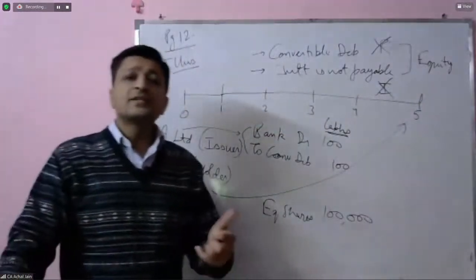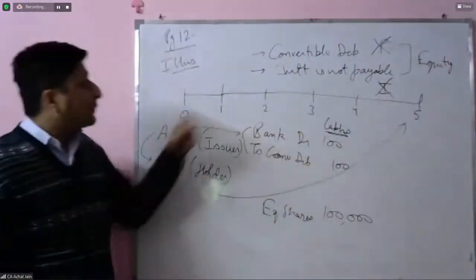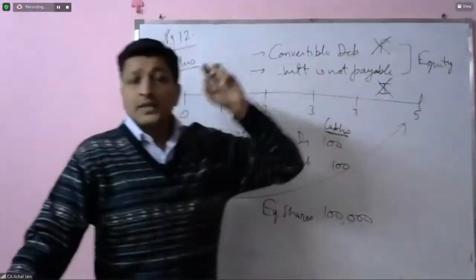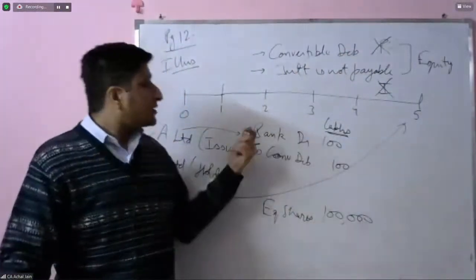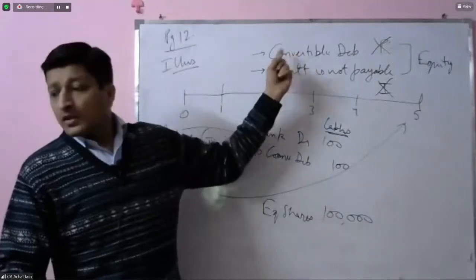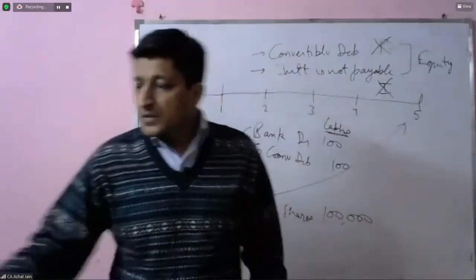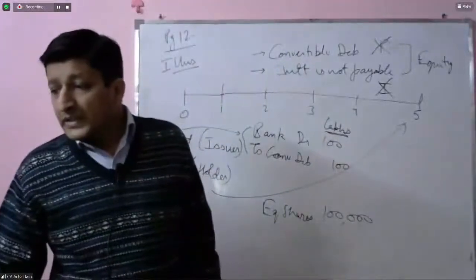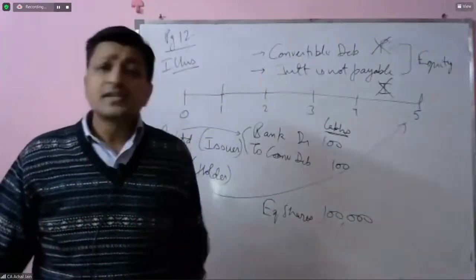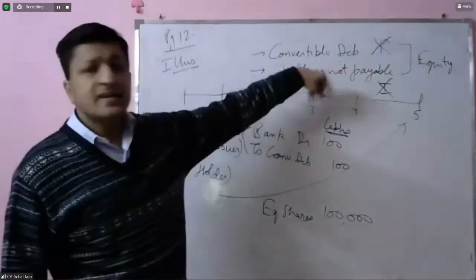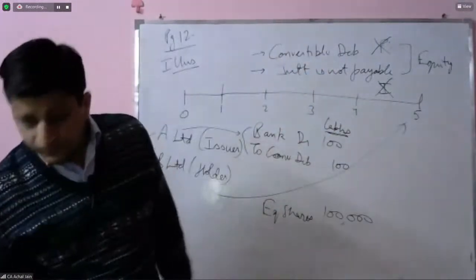There was no obligation on the part of A Limited to pay both of them. That's why when we started this example, all of you mentioned that, sir, it has to be equity. Some of you may have a different answer, but I'm hoping you would have understood that this has to be an equity because both the elements are not required to be paid. Correct?